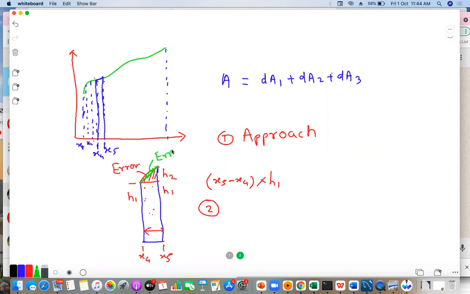Error in case of the second approach compared to the first approach. Now this is a trapezoid, right? For the second approach, it becomes a trapezoid. Here I have h1, here I have h2, and this width is x5 minus x4. And what is the area of a trapezoid?